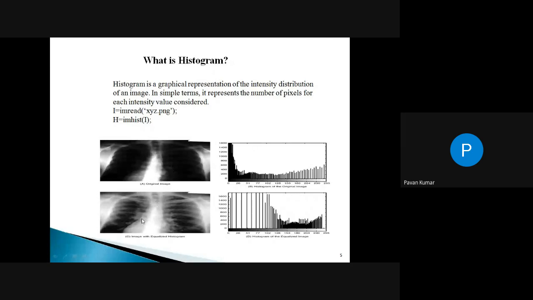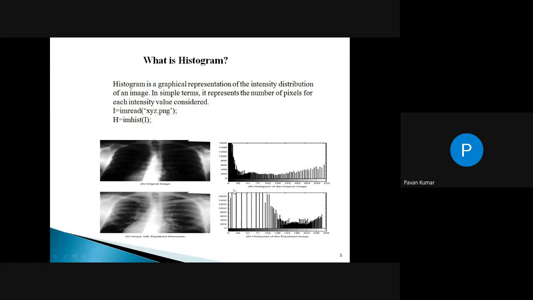This is the histogram of the processed or enhanced image. Observe here that the intensity values are distributed. After the histogram equalization operation, the intensities are stretched over the entire length of the intensity range.